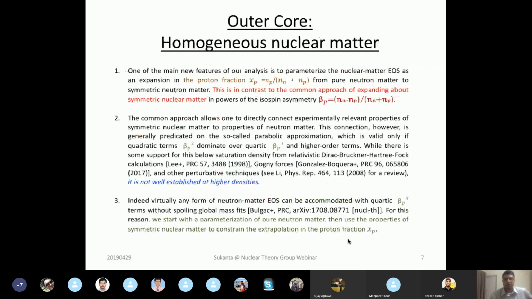Okay, now we come to the outer core, where I'm going to spend some more time. Before we introduce the double polytrope that is used to characterize this homogeneous neutron matter with a non-negligible proton fraction, which changes with density, our rationale is explained as follows.